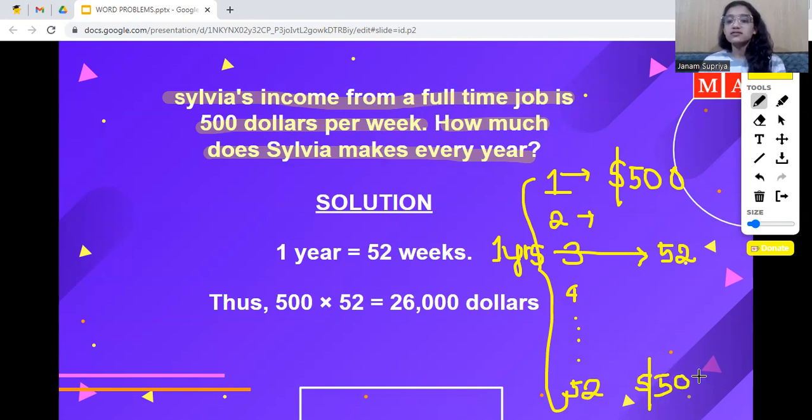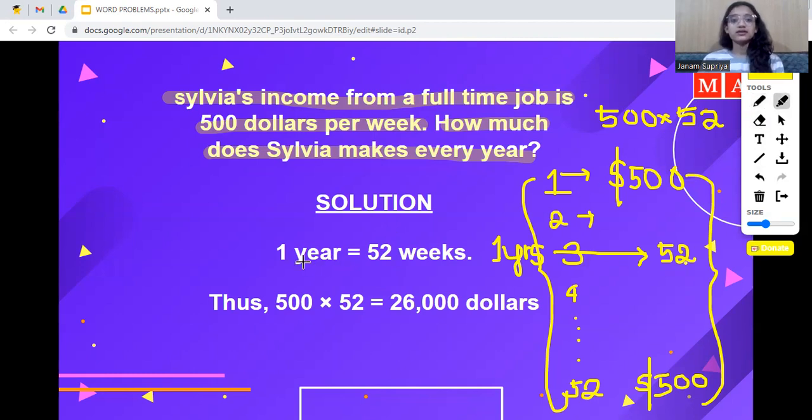So instead of adding this $500 52 times, simply we are going to multiply 500 with 52. Fine. So let's see how it goes.